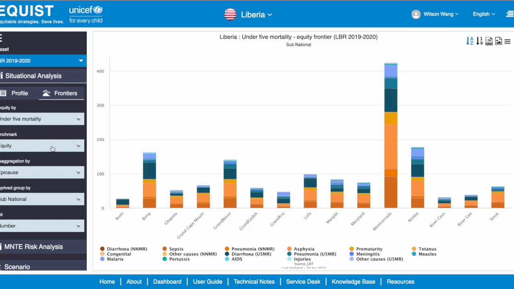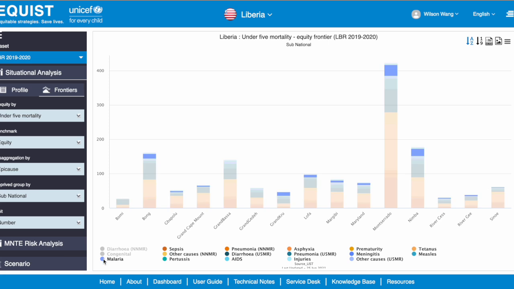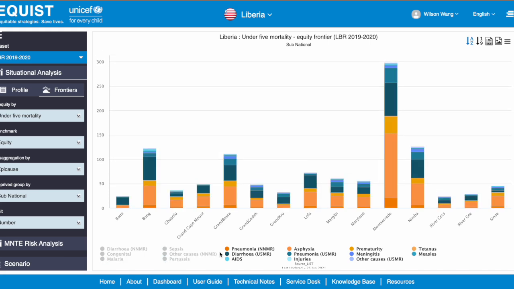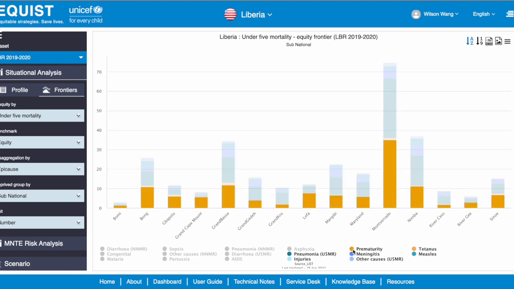Now going on to Frontiers, which is again another magic of the word Frontiers. There's really no meaning outside of Equist, but it's just looking at a concept of change versus equity, not numbers versus geography.